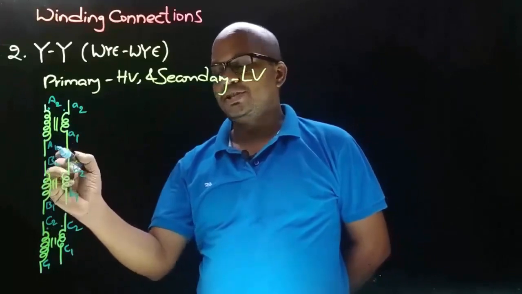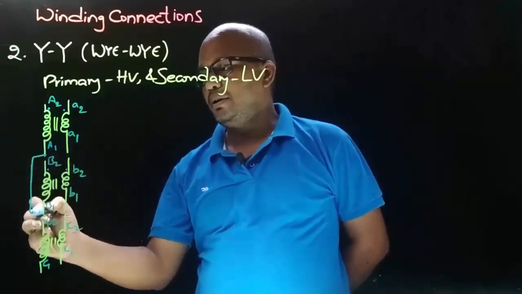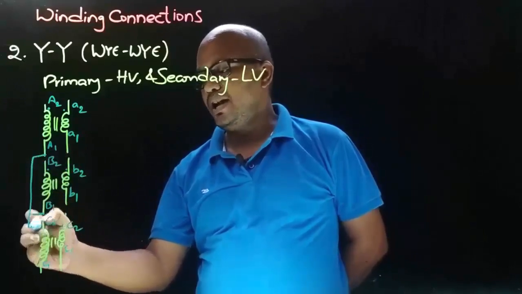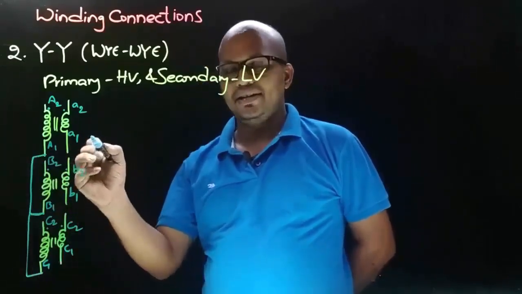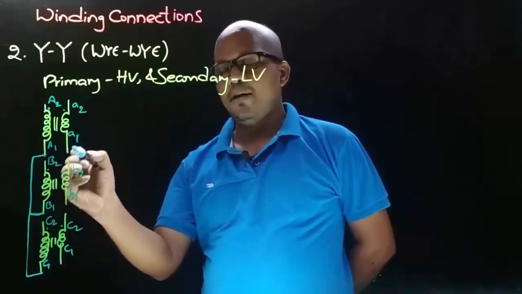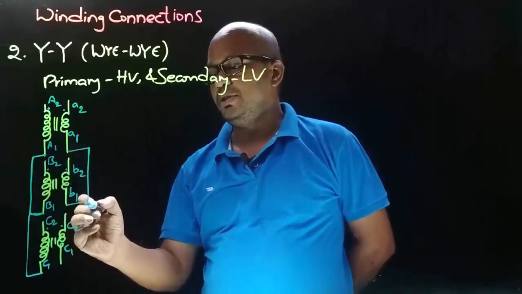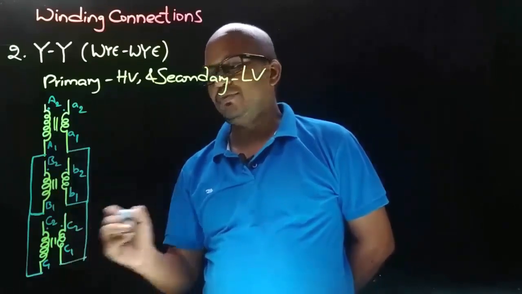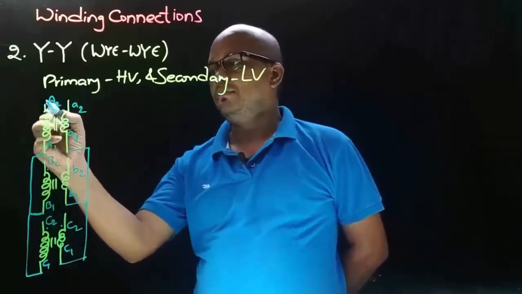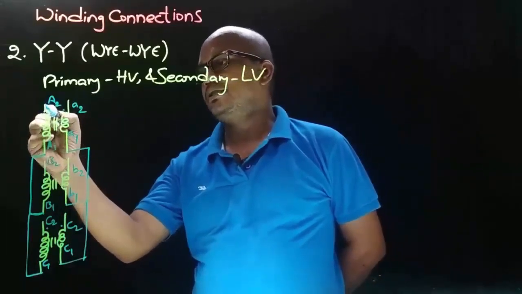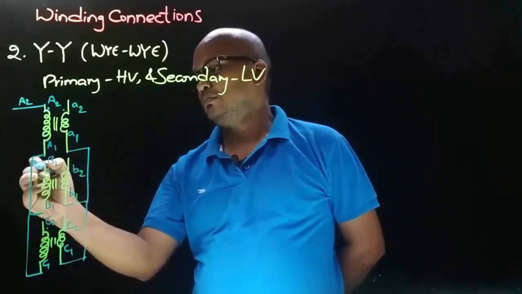So let's join the common ends A1, B1 and C1 together. And coming to the secondary side, let's join the common ends a1, b1 and c1.